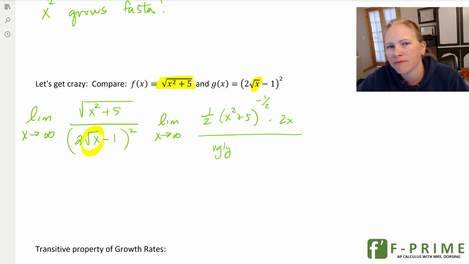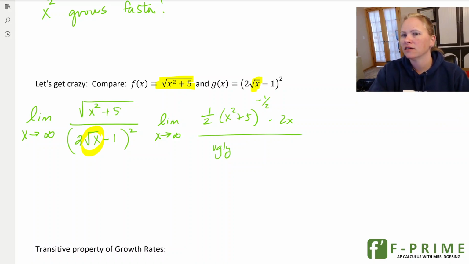If I wanted to see who runs a race faster, me or you, and we're not actually able to race each other, for whatever reason, but I know that I run faster than Mike, and Mike runs faster than you, well then I know that I'm faster than you. And that's called the transitive property.